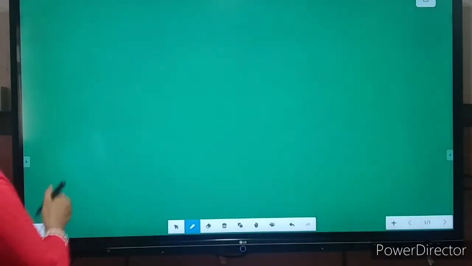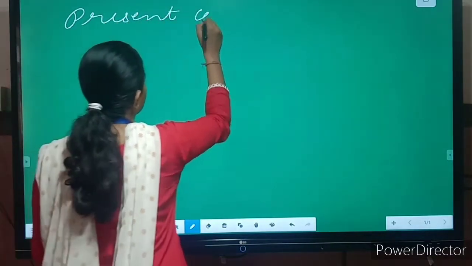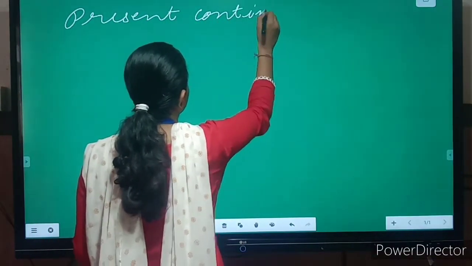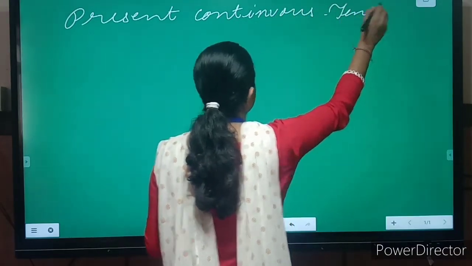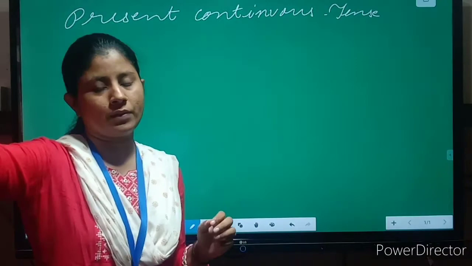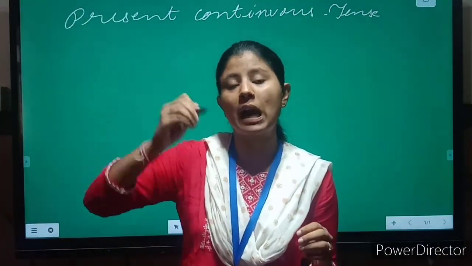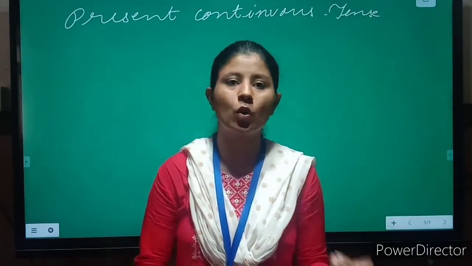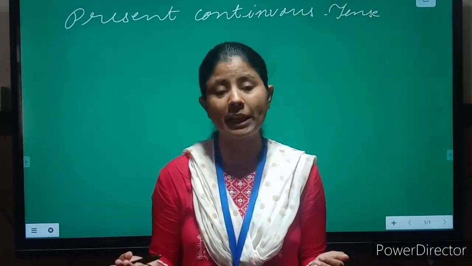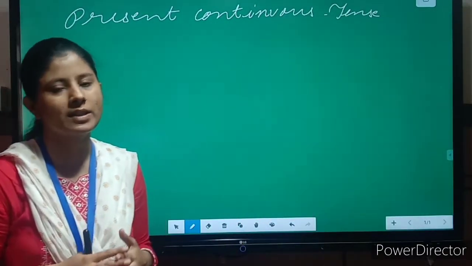So students, now let's start with the present continuous tense. Present continuous tense is the tense which tells us that the action is going on at the time of speaking. The actions which are going on at the time of speaking come under present continuous tense, or you can say present progressive tense.